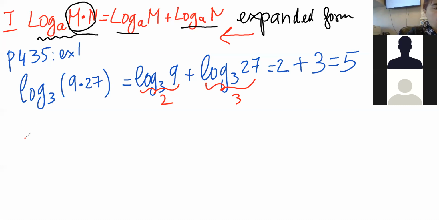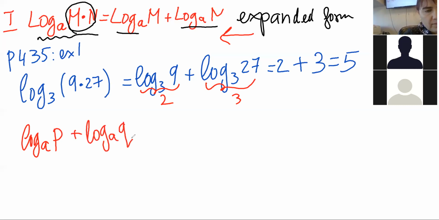Let's see. For example, let's say we have logarithm with base a of p plus logarithm with base a of q. Oh no, let's see. Let's write a word. Hold on. Of O plus logarithm with base a of t.